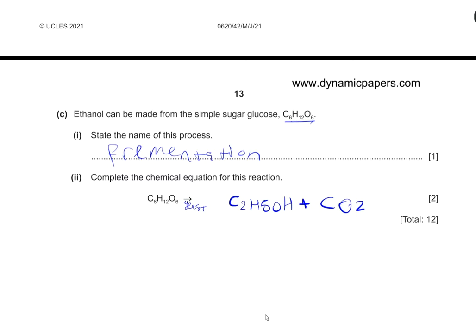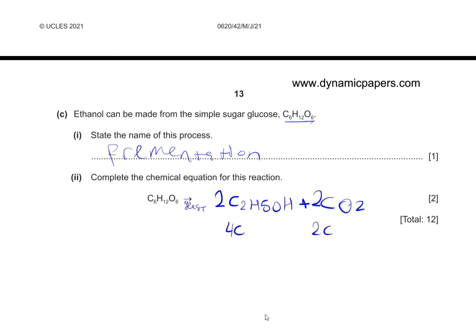Now we want to balance this. So we have 6 carbons. Here we have only 2, and there we have only 2. So let's try multiplying this by 2, giving us a 4, and multiplying this by 2, giving us 2 carbons. So we have 4 carbons here, 2 carbons here. So that's 4C, 2C.